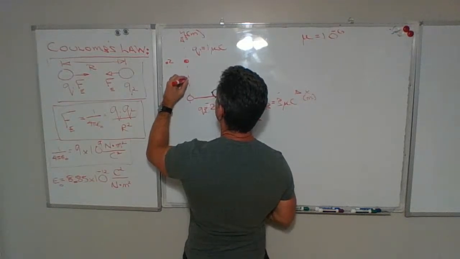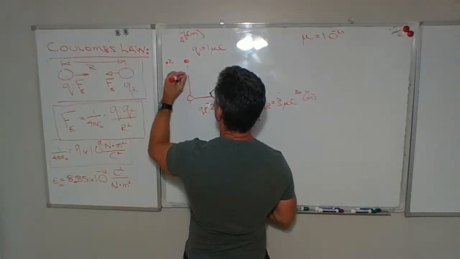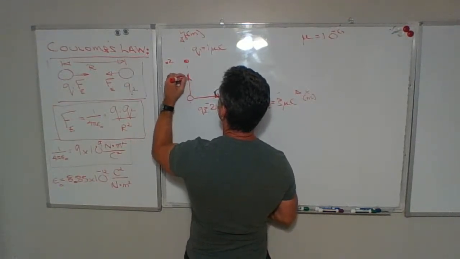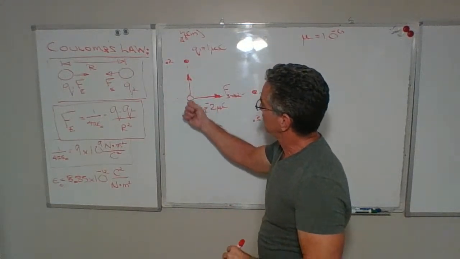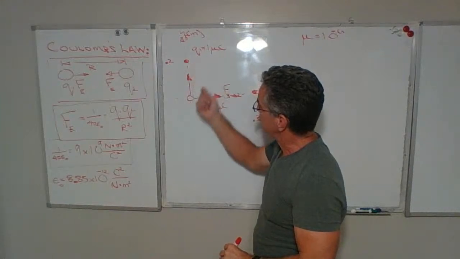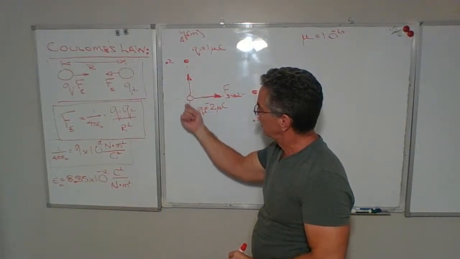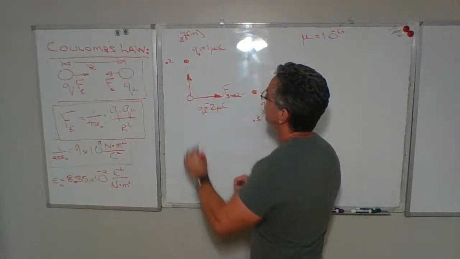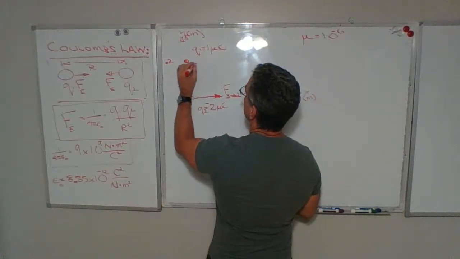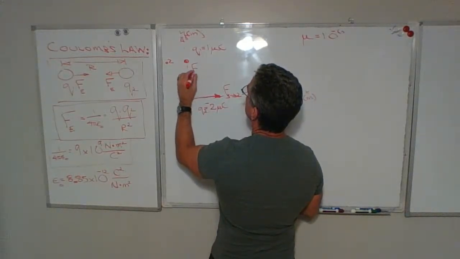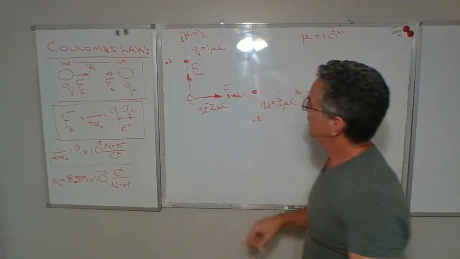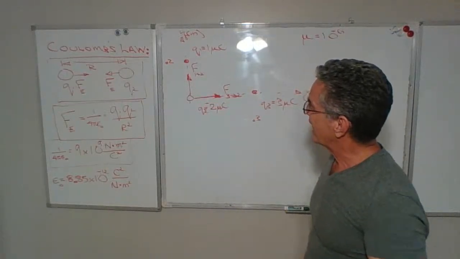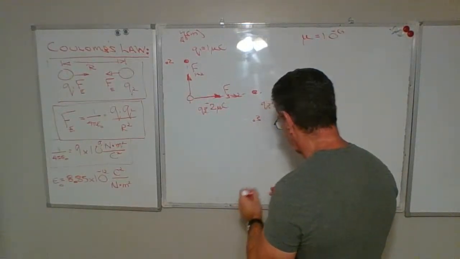So I'll draw that as an arrow oriented in the up y-axis direction because Q1 is positively charged and it's trying to pull Q2, which is negatively charged, upward. And we'll call this one F of 1 acting on 2. Okay, so these two forces act together to create yet a third force.